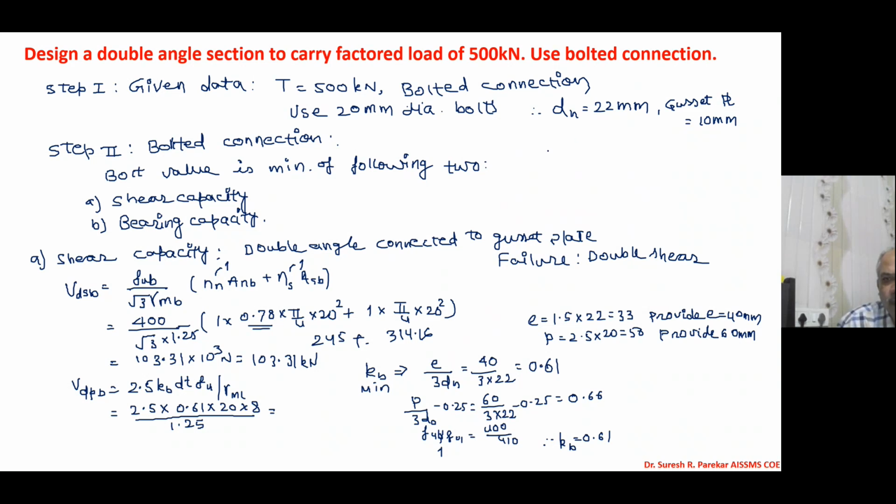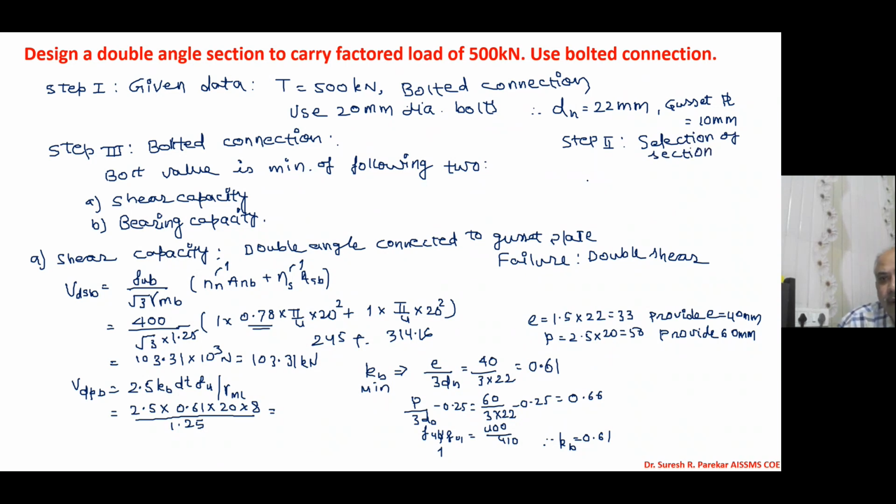This is the bolt value, as we have seen last time. Then step 3 is selection of section. So same we have done in the last problem also.